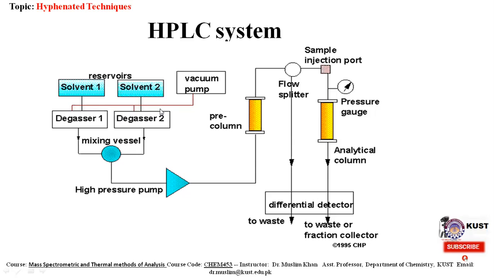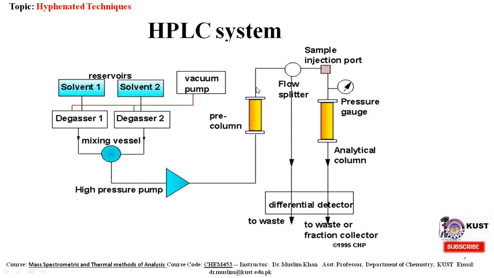If there is a little bit of gas present in the solvent, it must be degassed to eliminate the air bubbles formed in the column. Once these solvents are mixed with each other, they are pumped by a high pressure pump to the column.